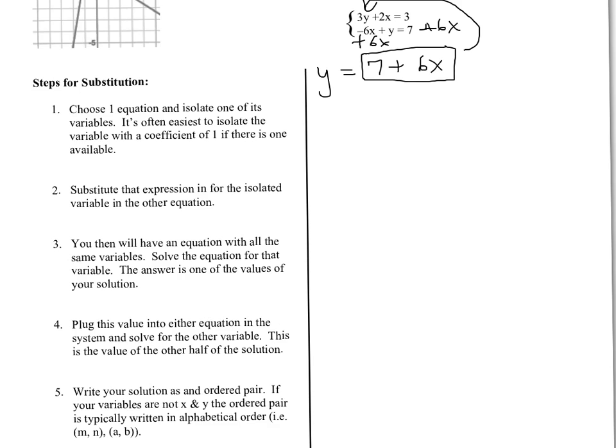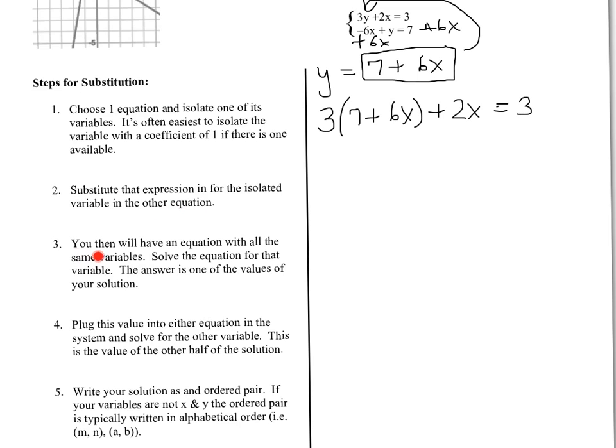So you take the other equation, and instead of writing 3y, I'm going to write 7 plus 6x, plus 2x equals 3. So this is basically the same equation as this, except that I've replaced the y with what the y value equals in the other equation. Hence the reason it's called substitution. So that's what we just did in step 2.